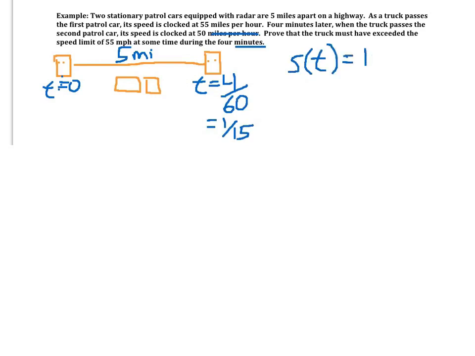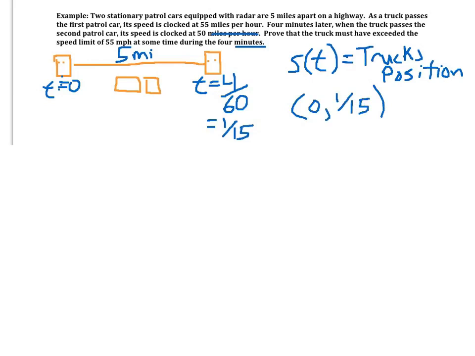Okay, so this is the truck's position. And we don't know exactly what this function is, but it just looks like any other normal graph. It will go up and down. And we can see that it's going to be differentiable and exist on the entire interval from 0 to 4, or 0 to 1 over 15. That's our interval right there.